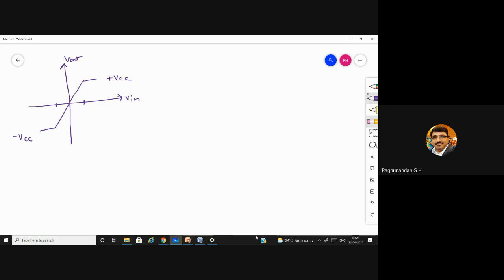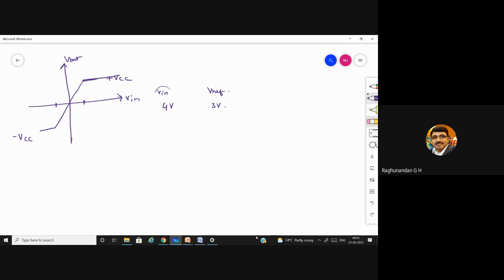So suppose V in is 4 volt, and V reference is 3 volt. During that time, the output is going to reach the positive saturation. It will become maximum, and after that it will be constant. Whatever you increase, it will be constant.